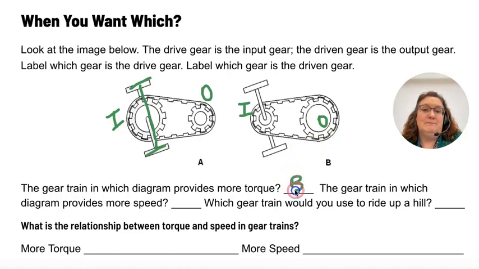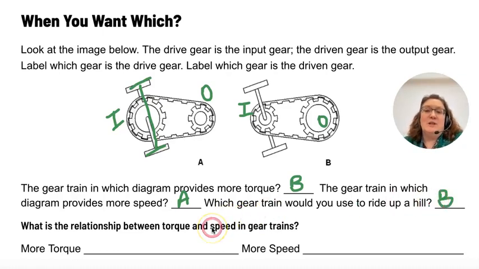So B is going to give you more torque. So the one that gives you more speed would be A. Which one do you want when going up a hill? Well, obviously you want more torque and less speed, so you're going to want B when going up a hill.